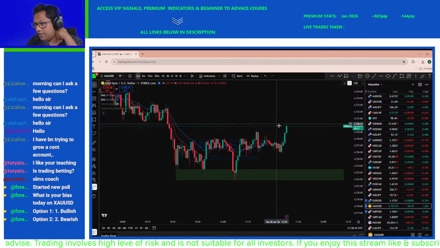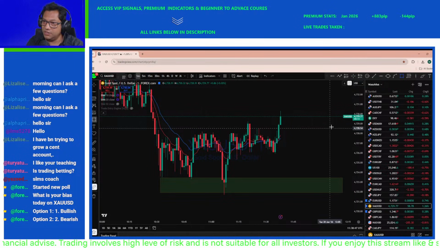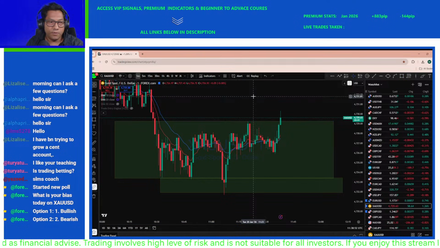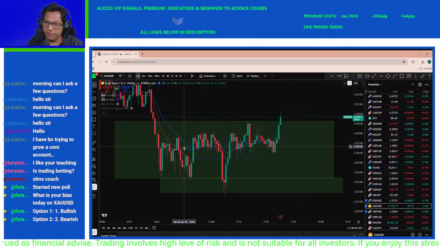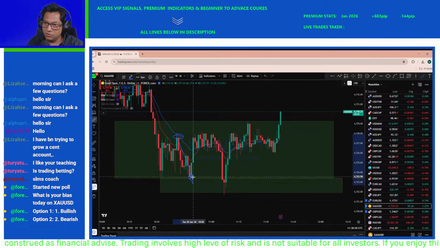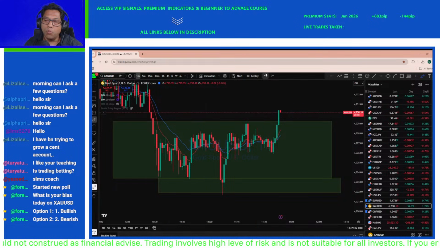Now if you look here, what kind of observation can you make in this area? The move that you can see will tell a story. So here, if you look from here, a drop down, and here, a drop down. What move really makes a big difference in this zone that we have drawn?